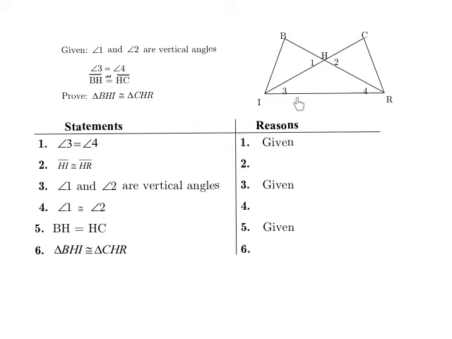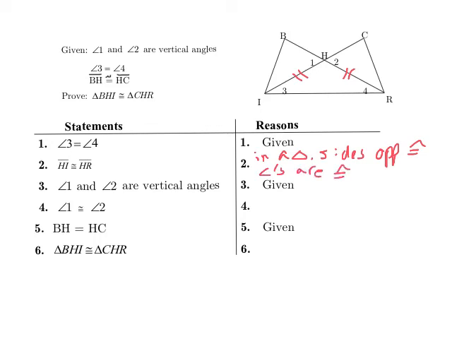So if I have these two angles congruent, that means I have a triangle here, and I can go back and say that these sides are congruent. The same reason that we used in the last proof, that in a triangle, sides opposite congruent angles are congruent.